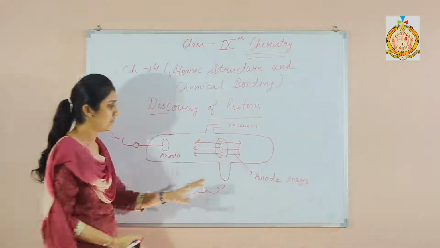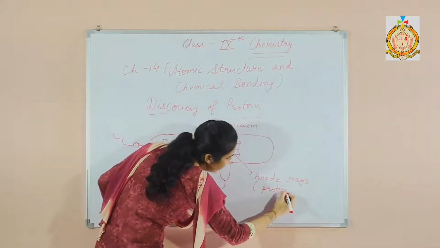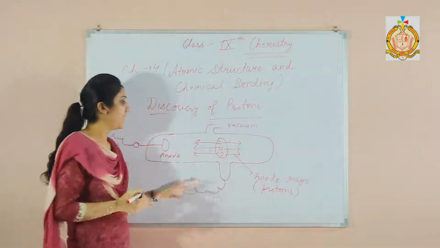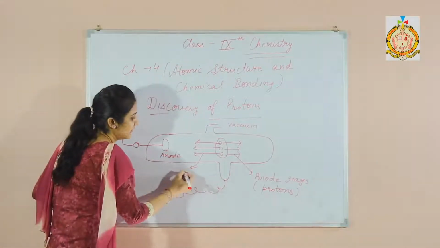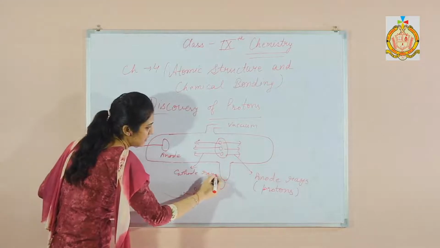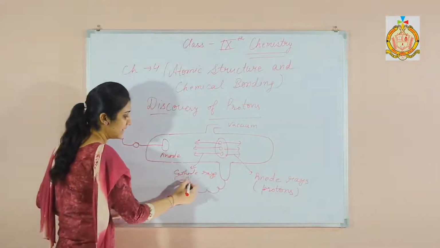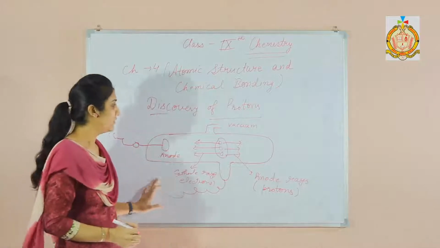and they are made up of protons. And the opposite rays are, as you have already learnt, cathode rays, and are made up of electrons, right?